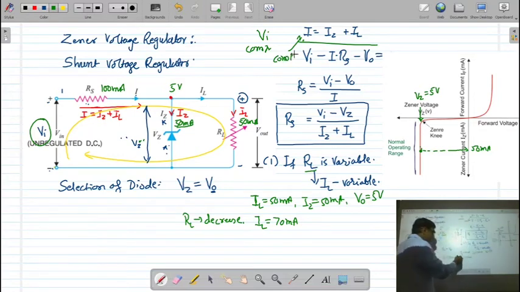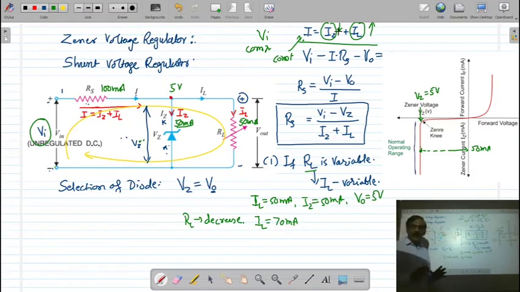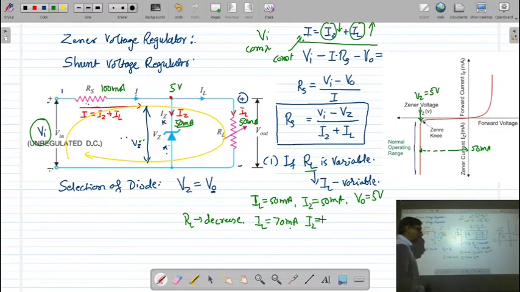But in our case, IL is going to increase. So it means Iz has to decrease, because the total current I has to remain constant. Whatever the amount my load current is increasing, by the same amount my Zener current will decrease.